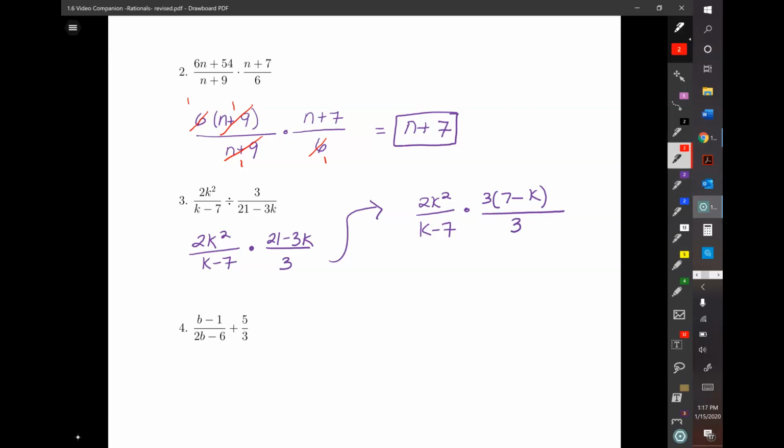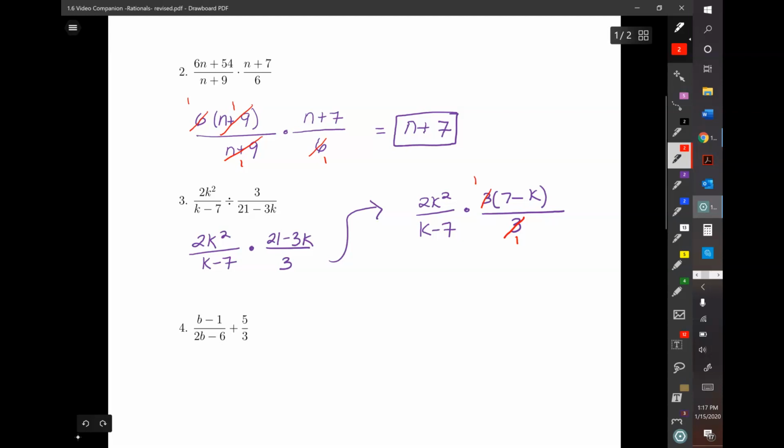Now I can reduce any common factors. So I have a 3 divided by 3 in the second term. That becomes 1. The other thing I have here is 7 - k in the numerator of the second fraction and k - 7 in the denominator of the first fraction.